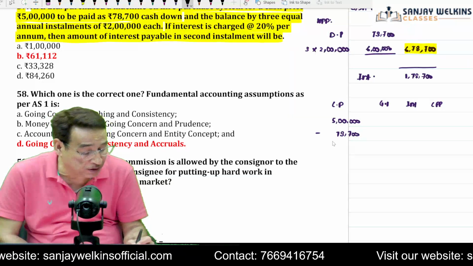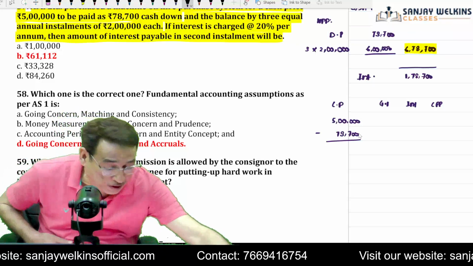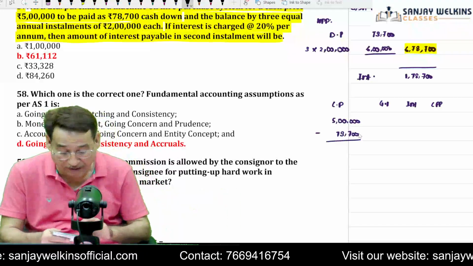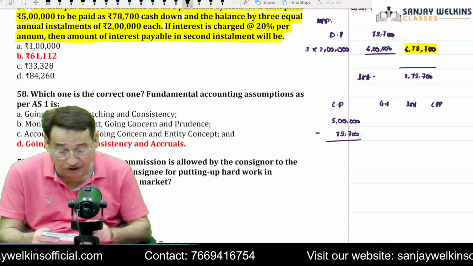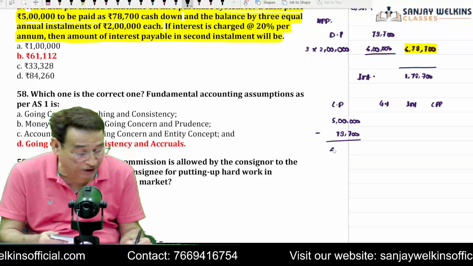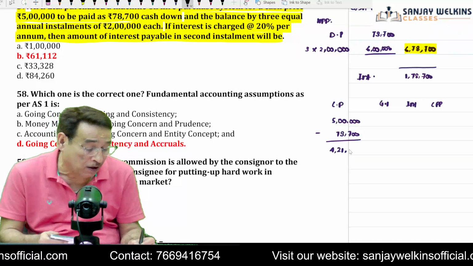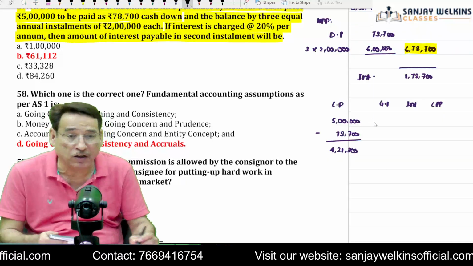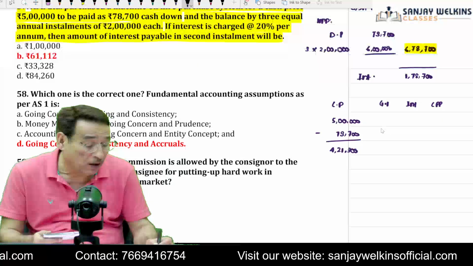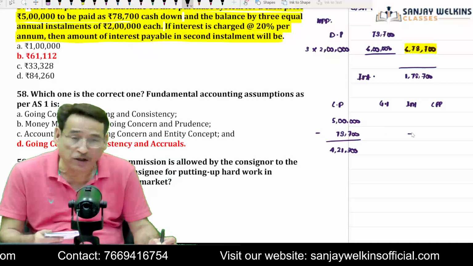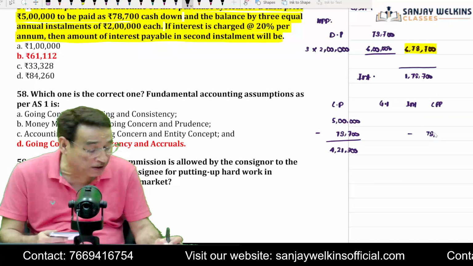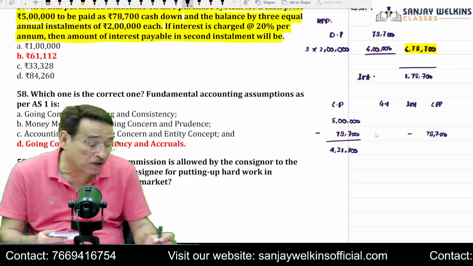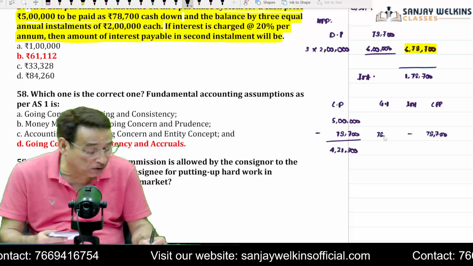If I subtract down payment from cash price, we are left with 5 lakh minus 78,700, that is equal to 4,21,300. So many times I have told you, this is down payment and no interest is involved in it. This entire payment is meant for cash price, and interest plus cash price portion is your gross installment.